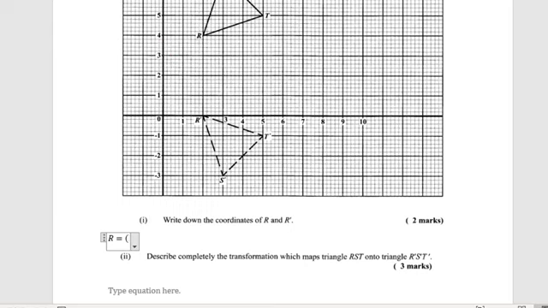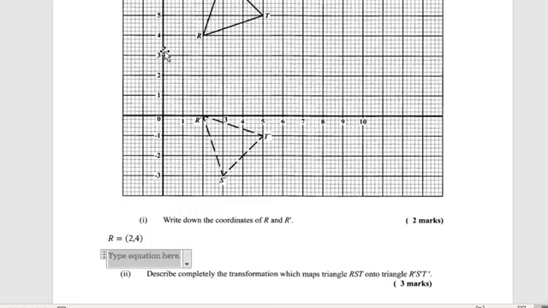So R is equal to 2, 4. This is literally just reading off from the graph, and R prime is equal to 2 for the x-axis and 0 for the y-axis, as it is directly on the horizontal line. That is our answer for part 1, and we got our 2 marks.